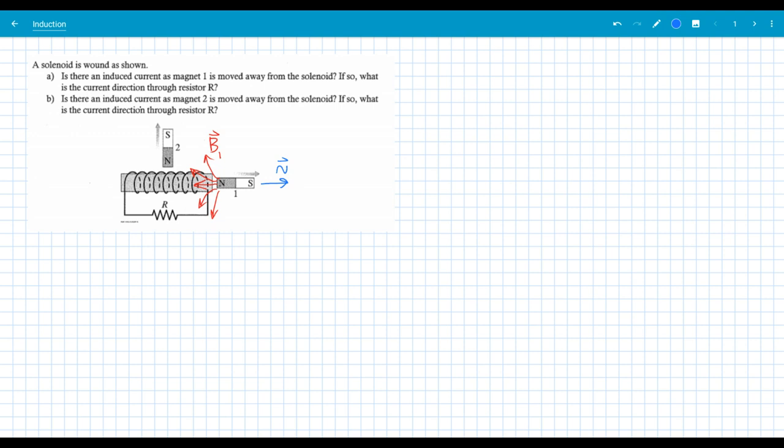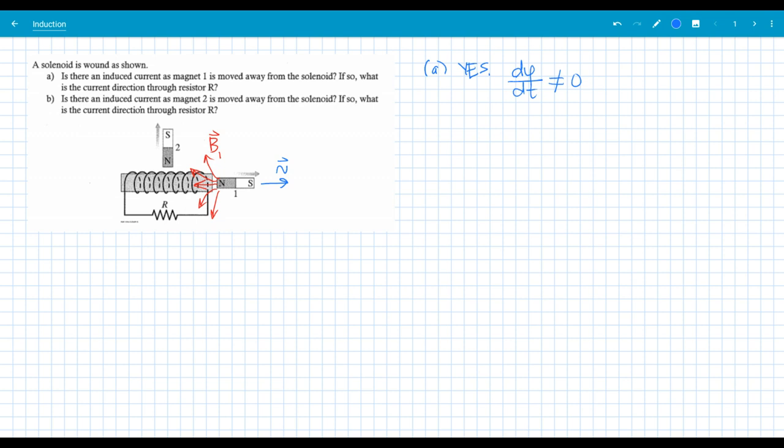They want to know, is there an induced current, and if so, what is that current? Yes, there is an induced current. How do we know that? As long as you have a non-zero change in magnetic flux over time, and we're going to have that, the magnetic flux is going to be changing as this magnet is moved to the right.